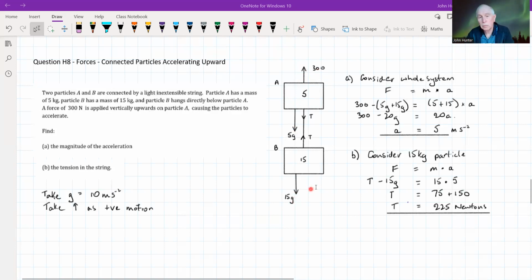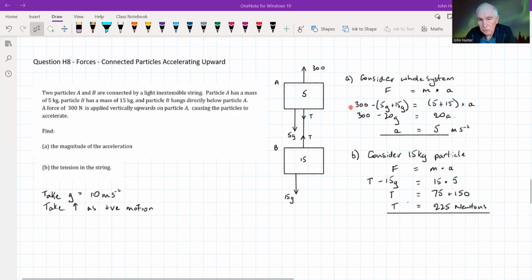So if we consider the whole system with these particles as one, then we apply the equation for Newton's second law of motion, and we just put our values in.